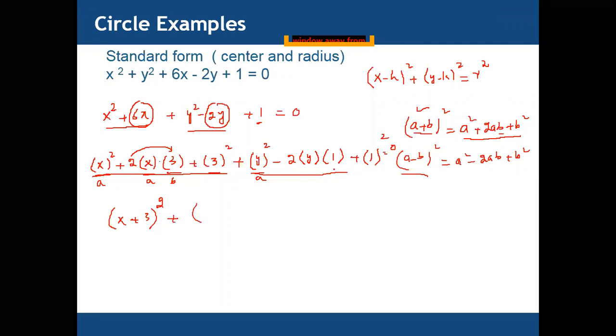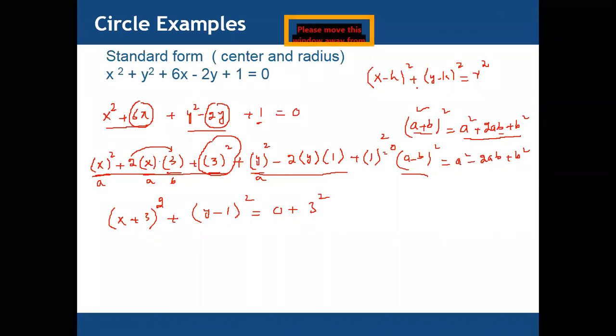The next one is a minus b whole square, where a is y and b is 1, so y minus 1 whole square equals 0. But if you remember, we added 3 square from our own side here. What we add on one side, we should add on the other side. So we will add 3 square on the other side also. So x plus 3 whole square plus y minus 1 whole square equals 3 square.